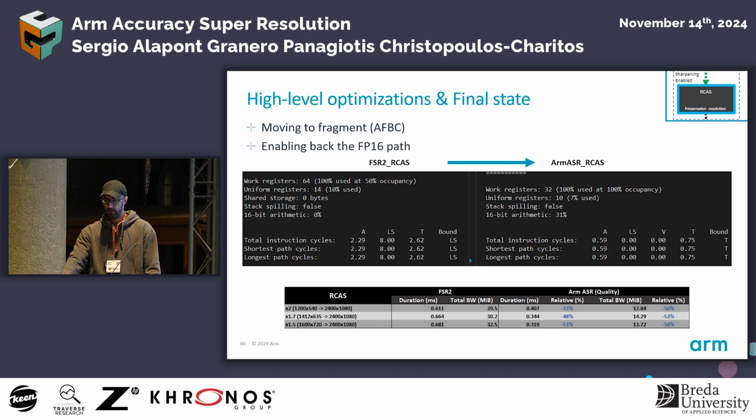For RCAS, we moved to fragment shading and enabled the FP16 arithmetic path of the shader. Since this is an optional pass, we didn't bother too much optimizing it. But overall, we see a 33% reduction in the pass's duration and a 56% reduction in bandwidth.